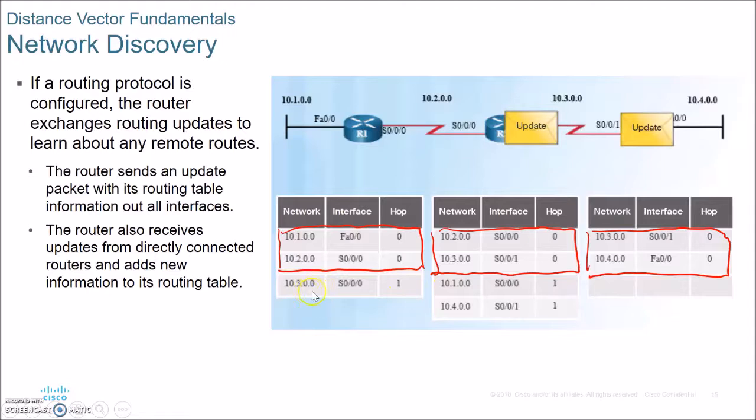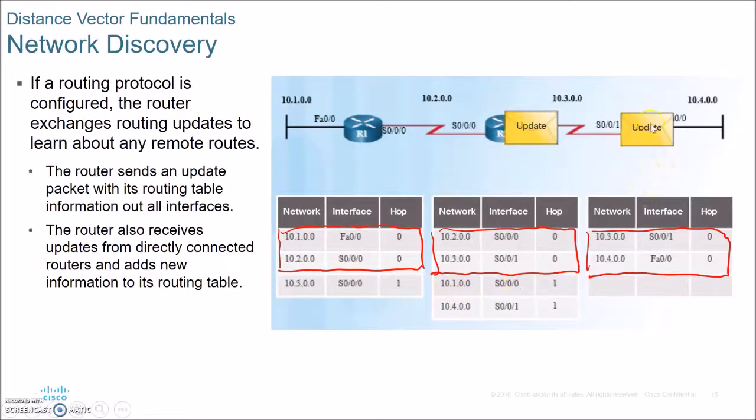I will add 10.3 to my routing table. The exit interface will be serial 0/0 and it will be 1 hop away via R2. So this will be added. By R1 exchanging routes with R2, one new route will be added in R1 and one new network will be added to R2.